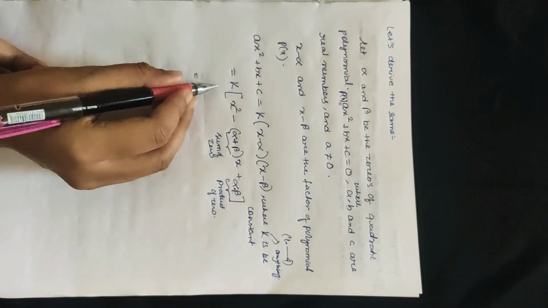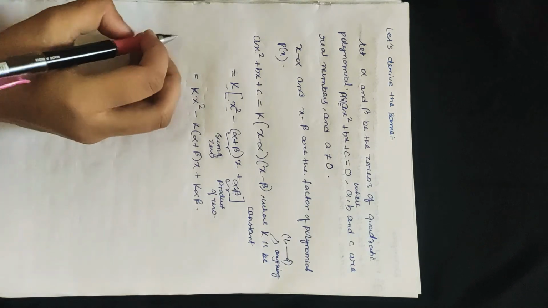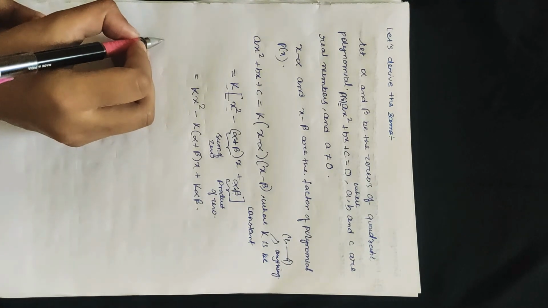Next, when we expand this with k, we get k x square minus k times (alpha plus beta) into x plus k times alpha into beta.